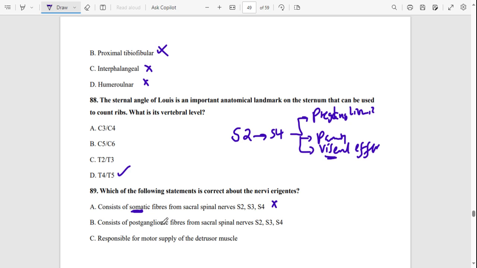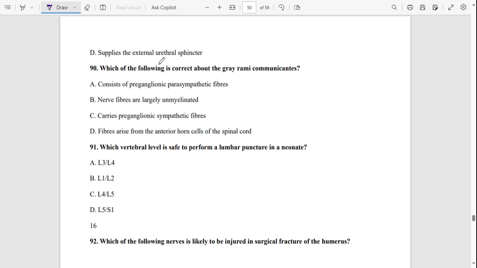Consists of postganglionic. Post means this is not correct, because it's made up of preganglionic nerve fibers. Responsible for motor supply to the detrusor muscle. Okay, it does go to organs which are found in the perineum, so expect this one also to be correct. Supplies external urethral sphincter.